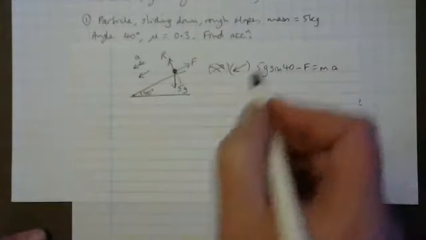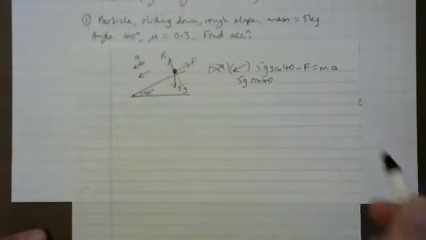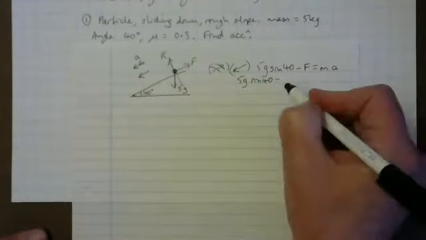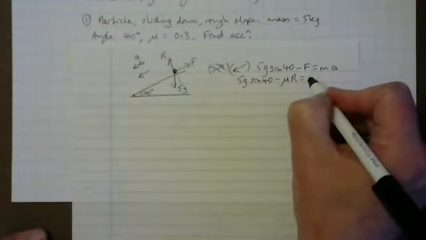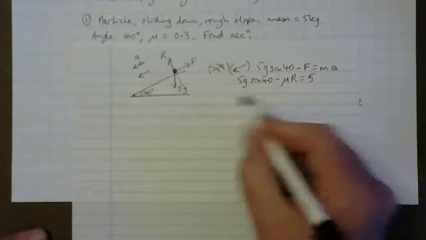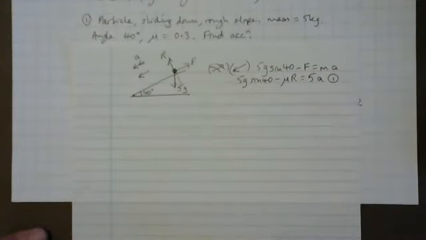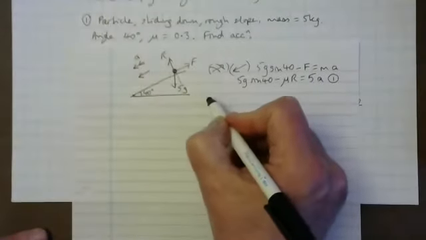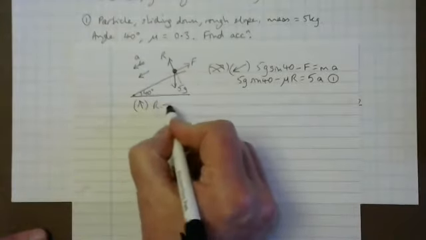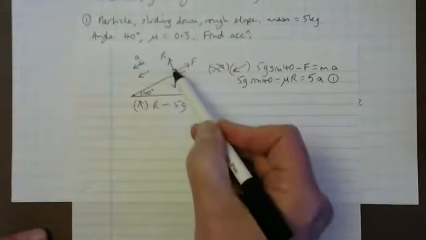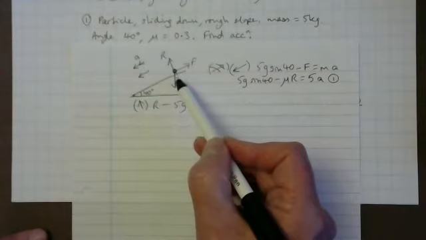So 5g sine 40. Don't worry, you're not supposed to know what sine 40 is. Minus F, which is mu R, equals m, I know, it's 5, times a, which I don't know. Leave that as equation number 1. Let's do it in this direction now. In this direction, R minus 5g, the part of 5g in this direction, remember that's 50, so that's 40, and it's adjacent to the 40.